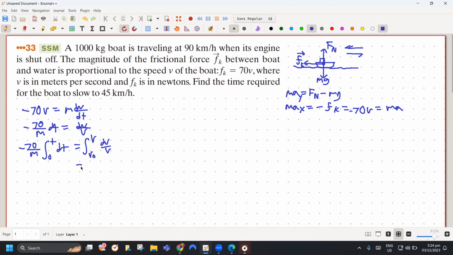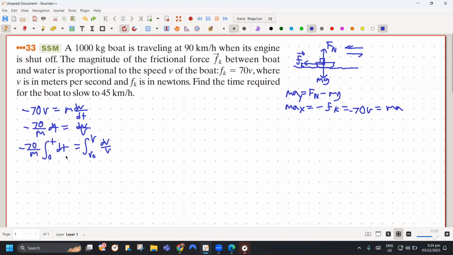Okay, and then that becomes... Bakit T? Ba't negative 70 over M lang? Di ba nag-integrate ka? Pero kasama po siya. Hindi, yung 0 to T dt.